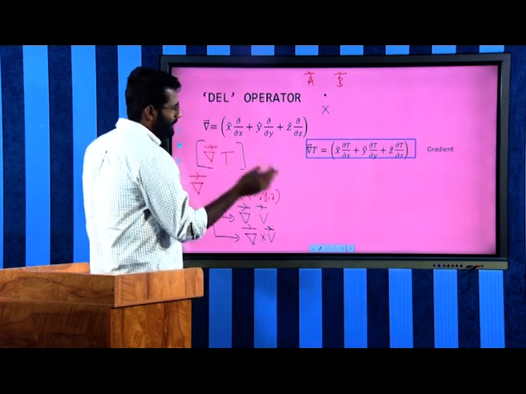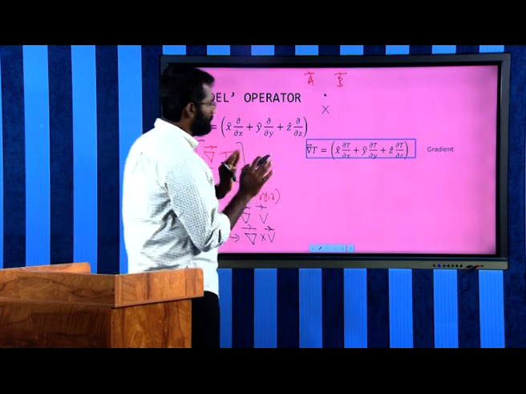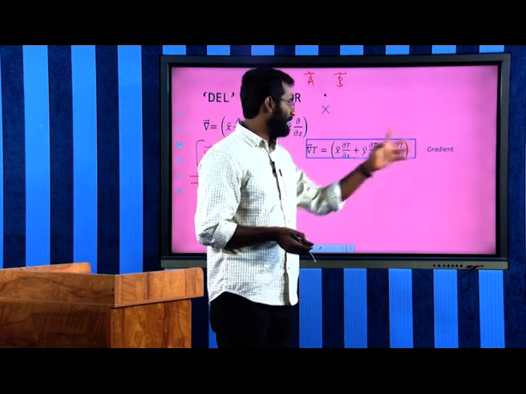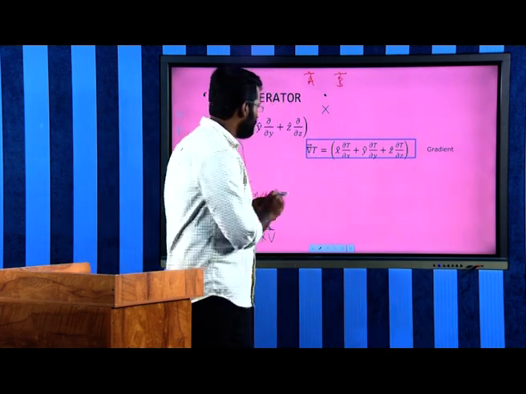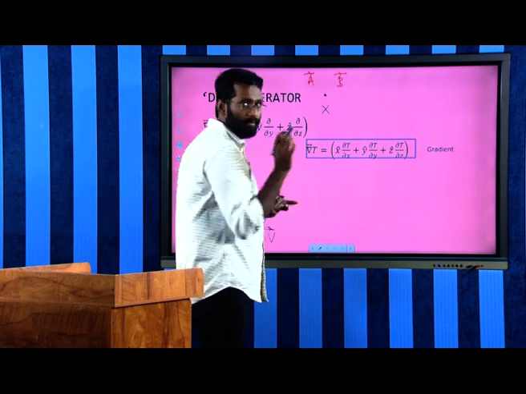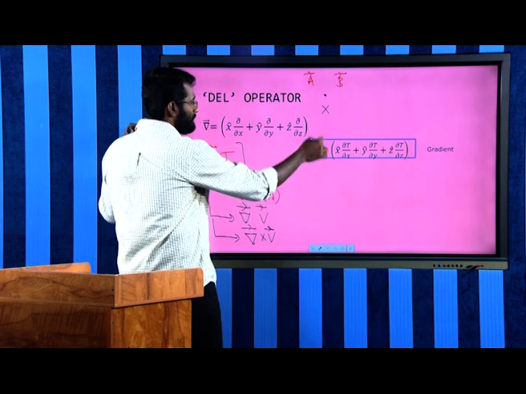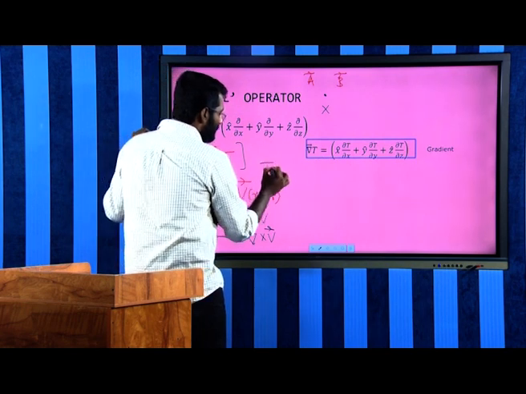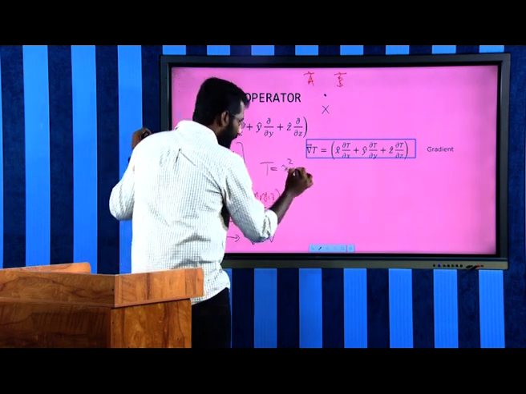We will calculate it for some values. Let us wait for that. So this is called the gradient. To find the gradient of T, the temperature, we have already seen that T is a scalar function, that is, for T there will be an expression, suppose x square y.